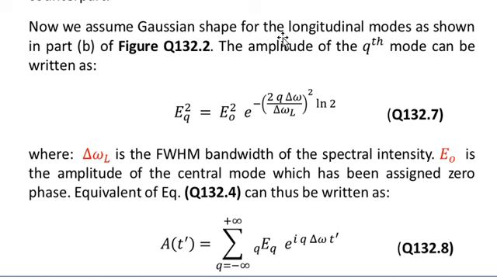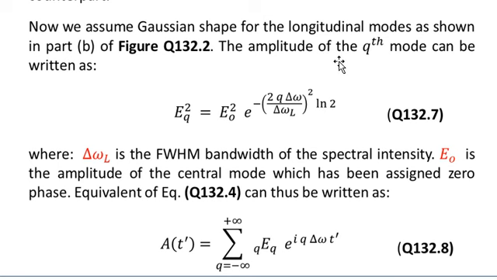Now we assume the Gaussian shape of the longitudinal mode as shown in part B of figure 2. The amplitude of the qth mode can be written as. So I am just now talking about, not the amplitude, but you can say the intensity corresponding to the amplitude of the qth mode, which is given by E q squared is equal to E naught squared into e to the power minus 2q delta omega over delta omega L squared, then log of 2.